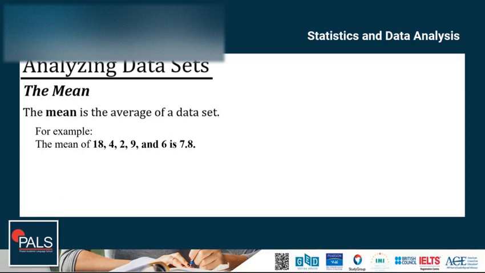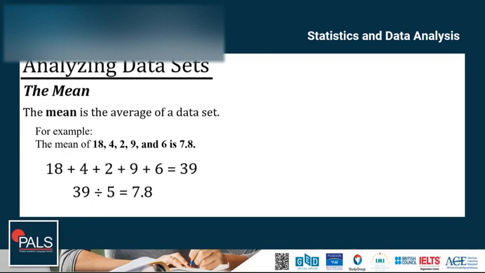How did it happen? By adding all the data, 18 plus 4 plus 2 plus 9 plus 6, which equals 39, and then dividing the total by the number of values, which is 5, we get 7.8.